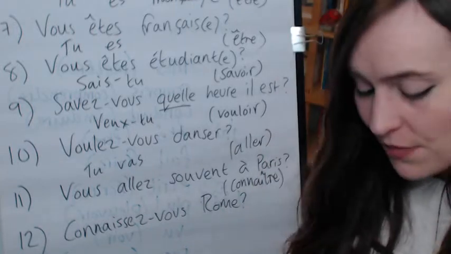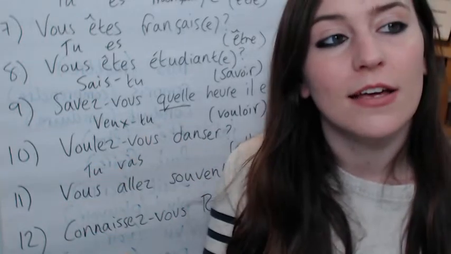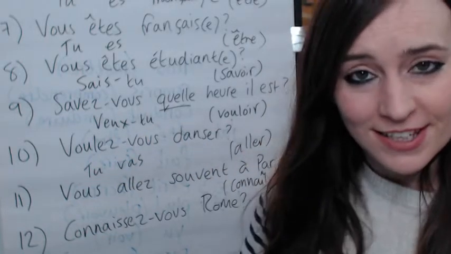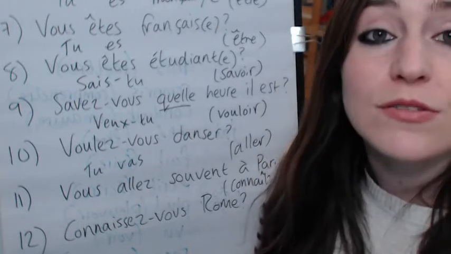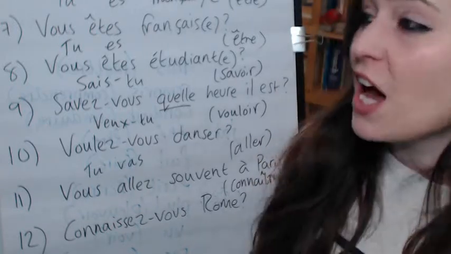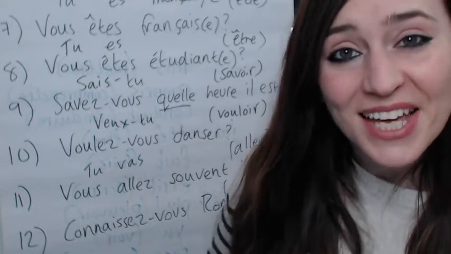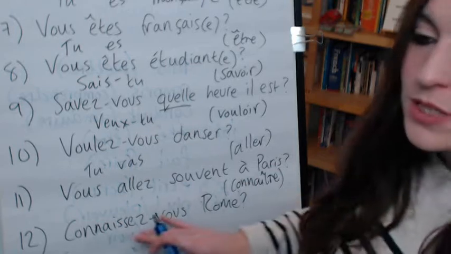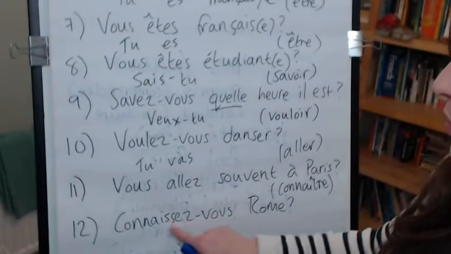Okay. If I said, do you know the band the Rolling Stones? Connaissez-vous les Rolling Stones? Then it would be like, are you familiar with? Have you heard of? If you like. Awesome. So, connaissez-vous? There you got that subject verb inversion.